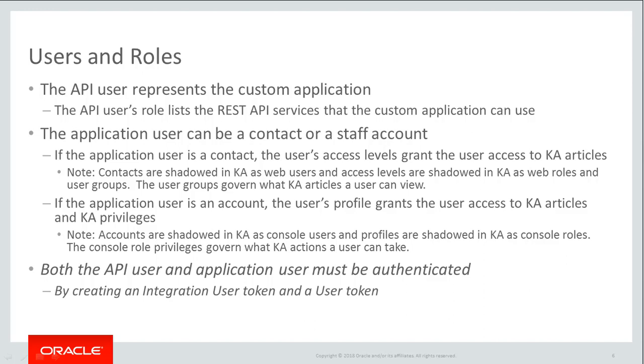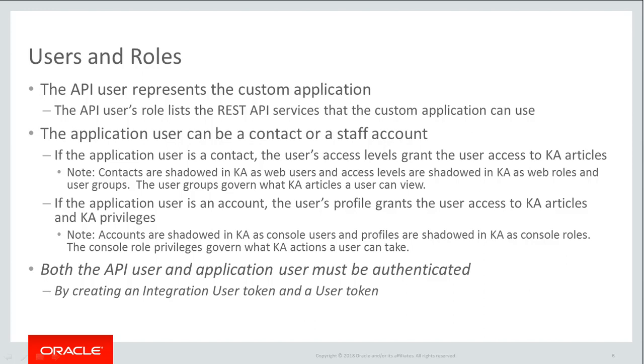Remember, accounts are shadowed in Knowledge Advanced as console users, and profiles are shadowed in Knowledge Advanced as console roles. The console role privileges govern what KA actions a user can take.